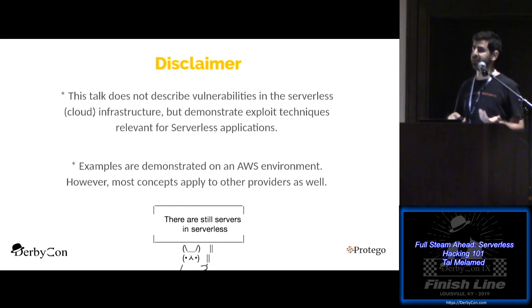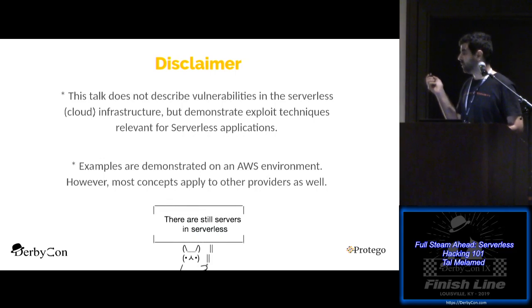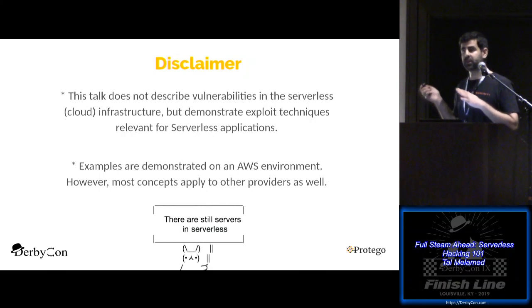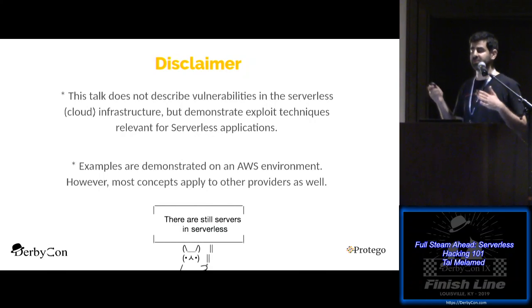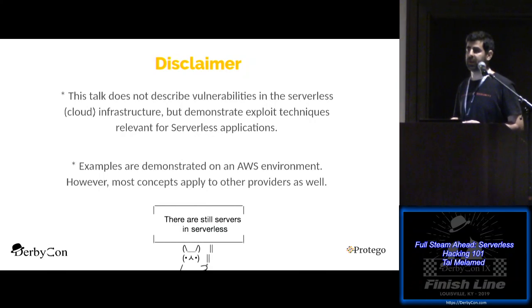Of course, you'll have to work around some constraints and configurations, but it could really work well in terms of security. Most of the examples will be on AWS because it's the most common one, but most of them also apply to other service providers one way or another.